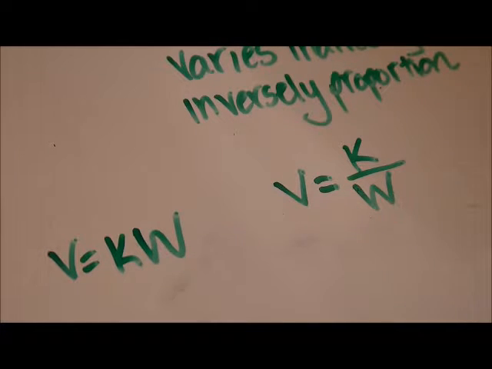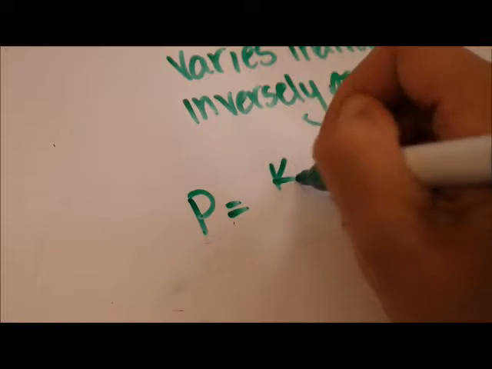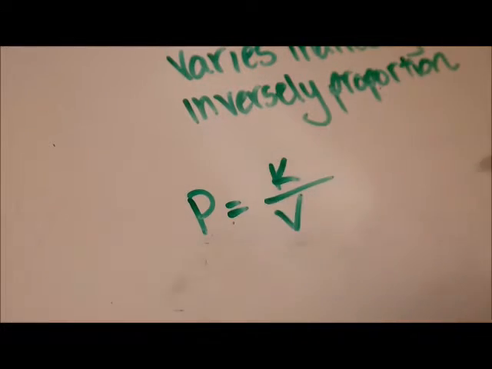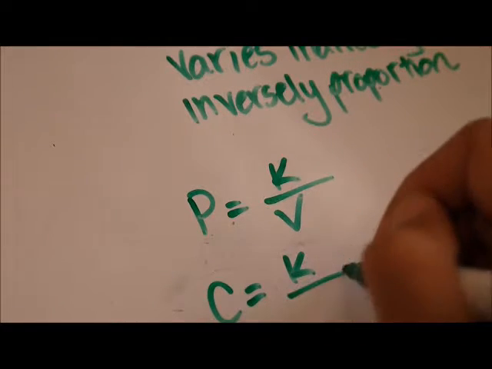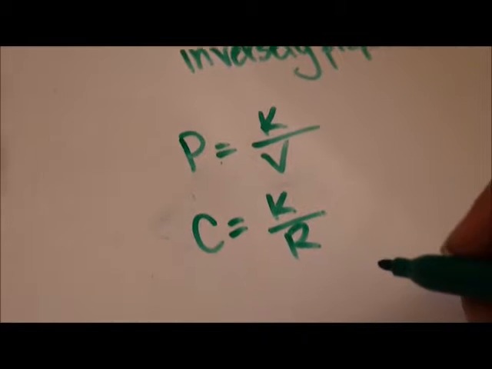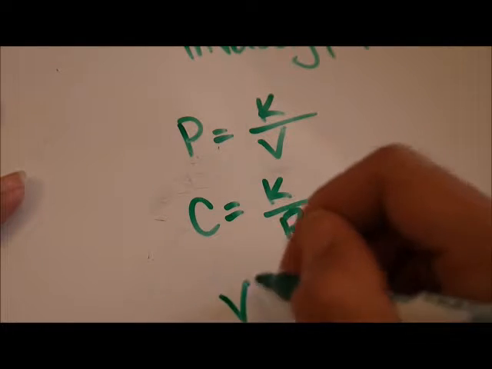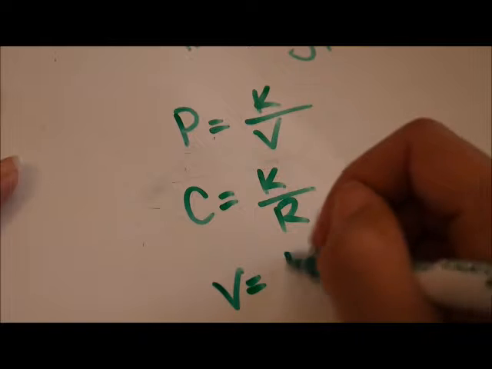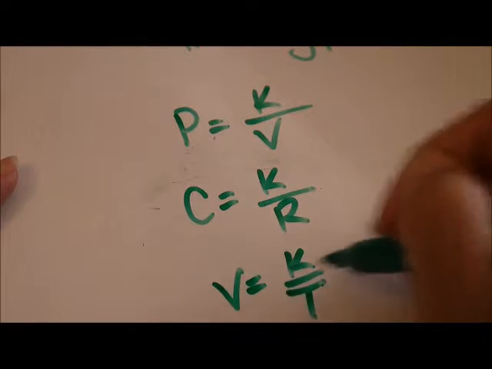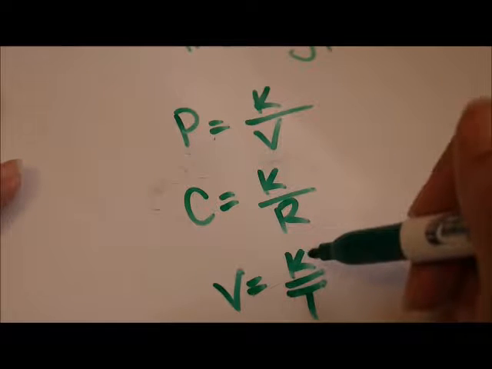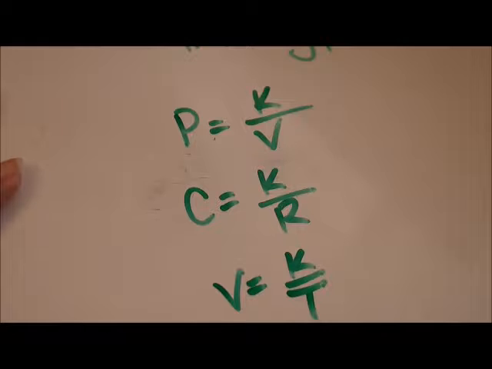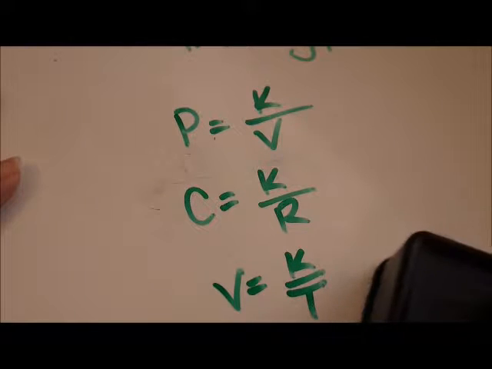The statements they give us, examples are: the pressure of a perfect gas varies inversely as the volume, or the current varies inversely as the resistance, or the velocity is, yeah, you can see that you're going to be using this in the sciences too. They're actually going to say velocity is inversely proportional to the time. Okay, so those are real life examples.